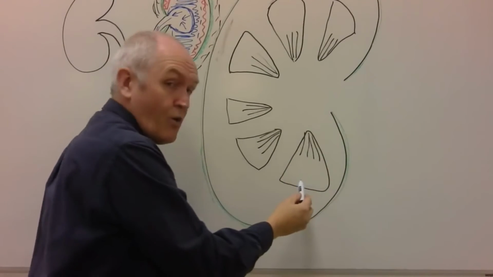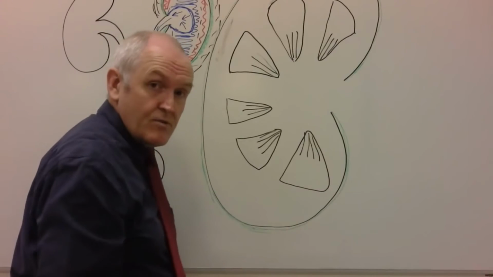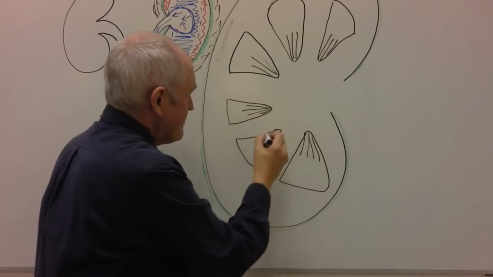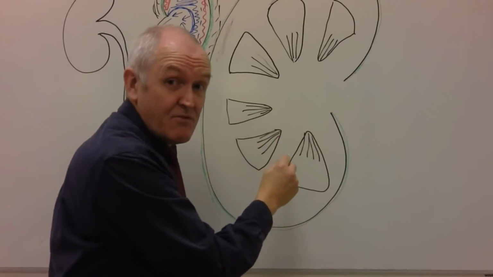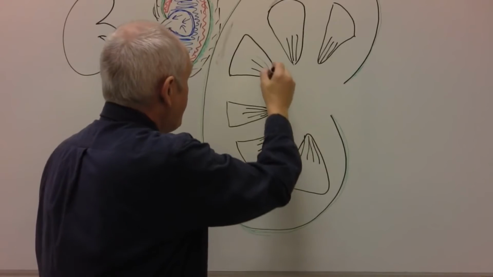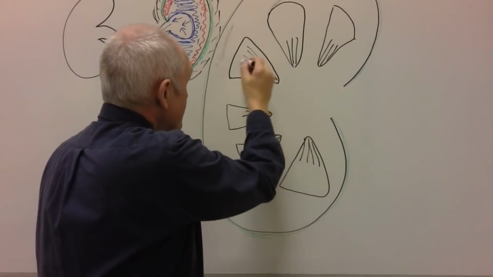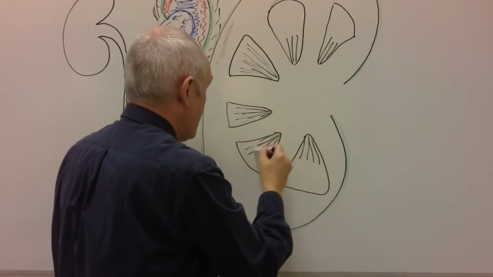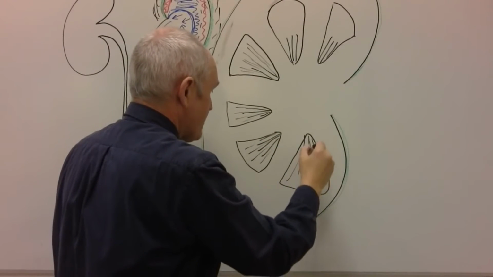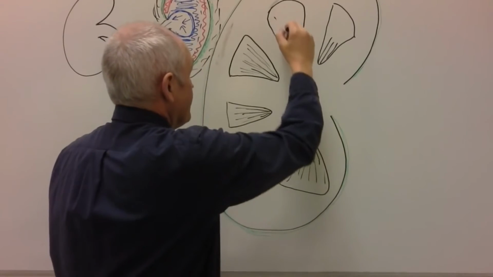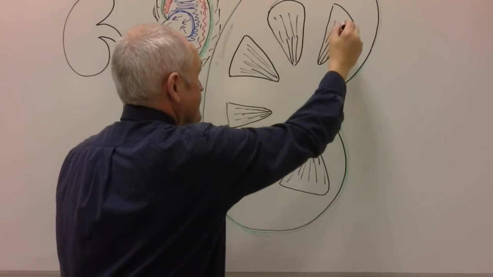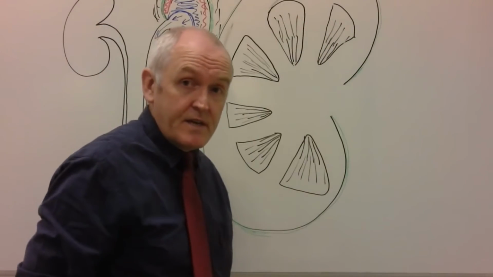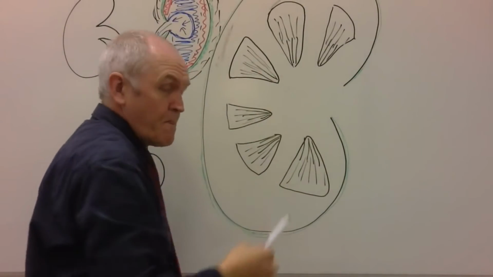So we start off with small collecting ducts that go into larger collecting ducts, until at the bottom, these large ducts that I've drawn here are called papillary ducts. And when you look at the renal medulla, you can see that it's got this striated appearance. It also contains the tubules of nephrons. So the urine is produced by a combination of the activity of the cortex and medulla.